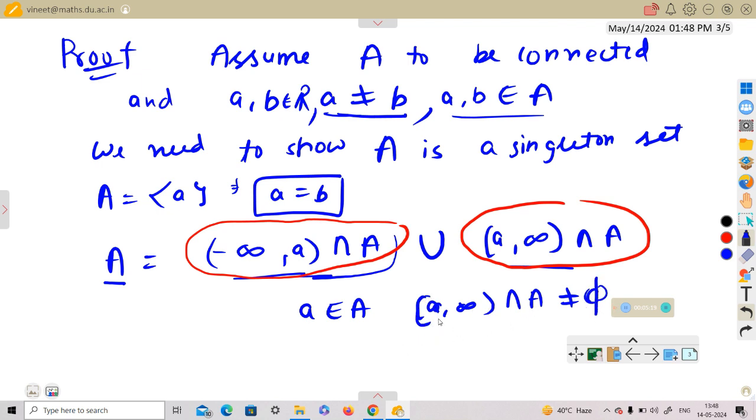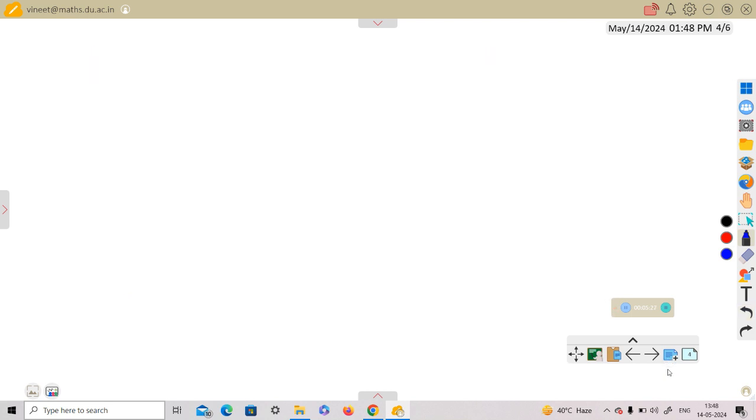So this must be empty. Thus we have (minus infinity to a) intersection A is equal to empty.